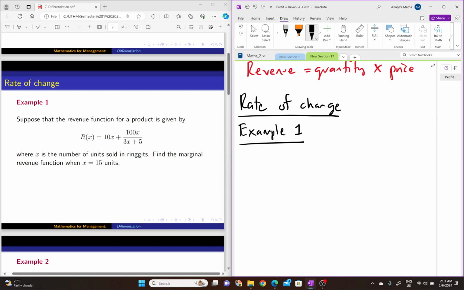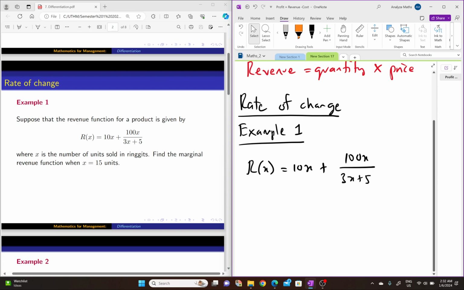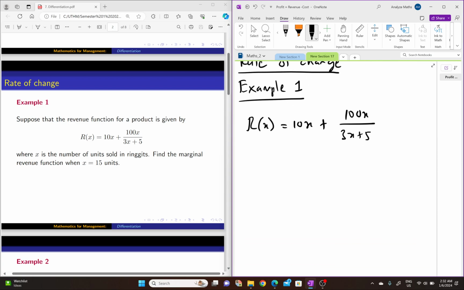For us to find the marginal revenue function, you simply have to differentiate that. If the question asks you to find marginal of something, you differentiate. So this is the function here.